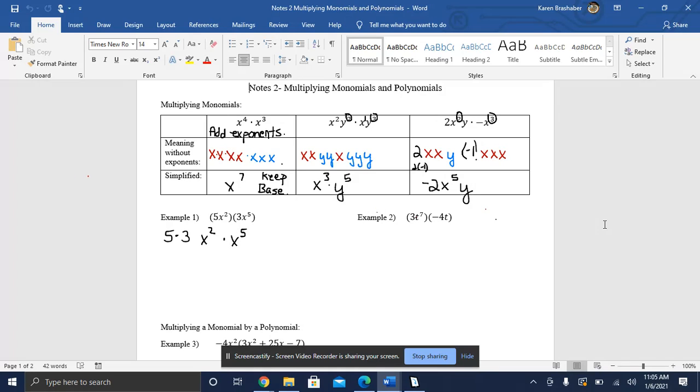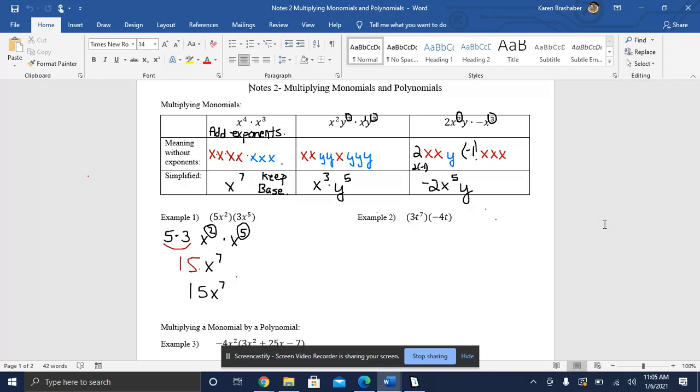So we're going to multiply together the coefficients, 5 times 3, which is 15. And then our x's, we're going to keep the base of x and add together the exponents of 2 and 5 to give us 7. So our final answer, 15x to the 7th power.